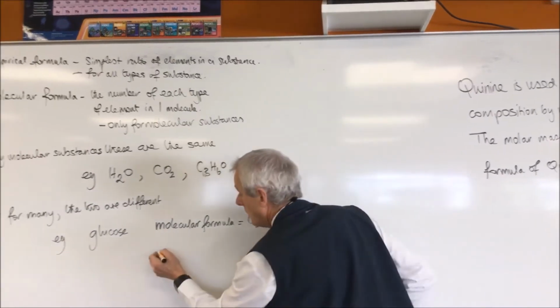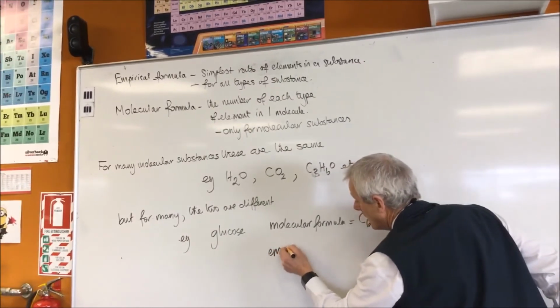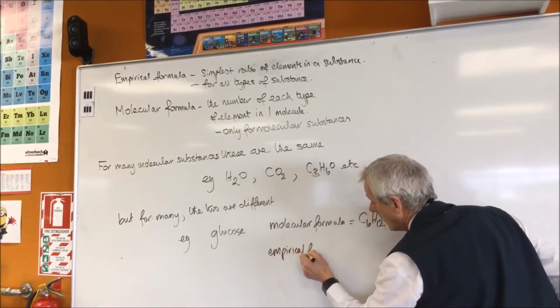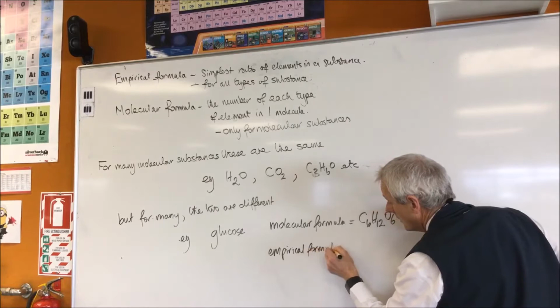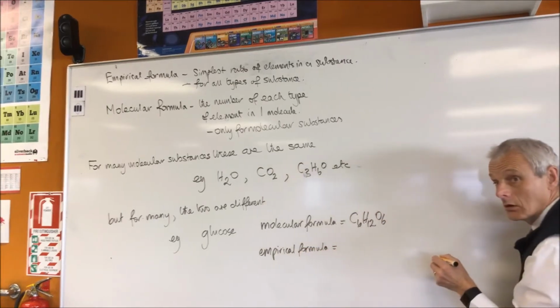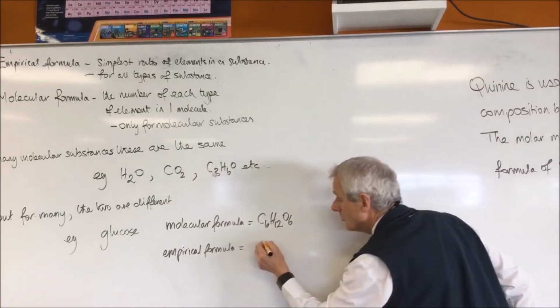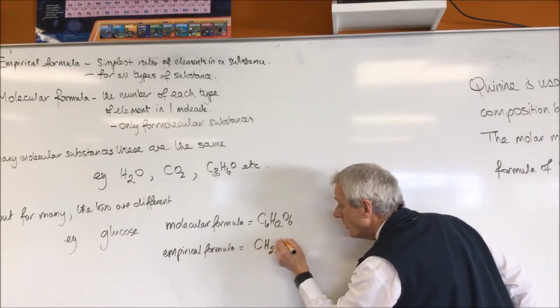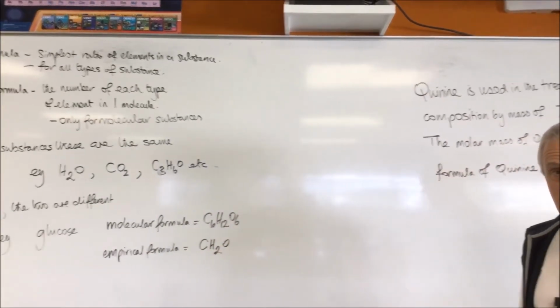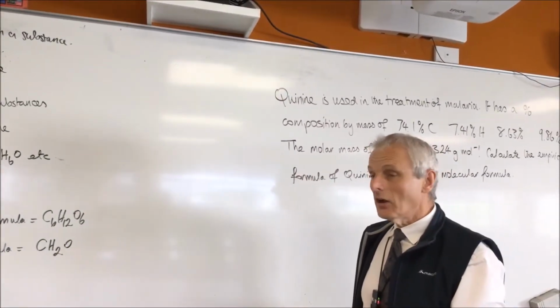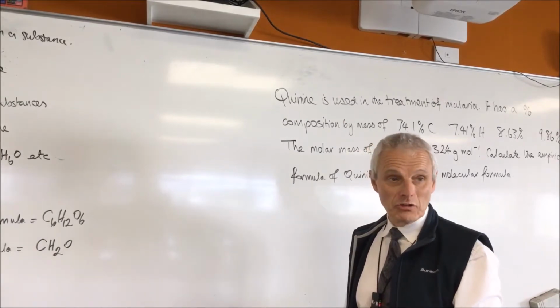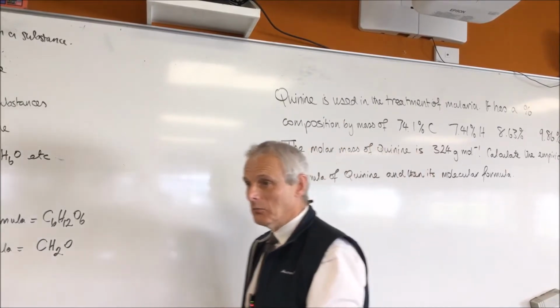If we look at its empirical formula, however, what's the empirical formula? CH2O. Excellent. That tells us that for every carbon atom, there are 2 hydrogen atoms and 1 oxygen. So it's a different meaning.